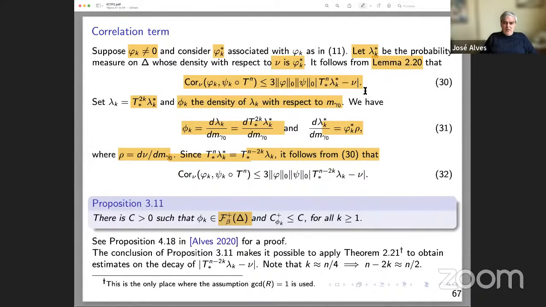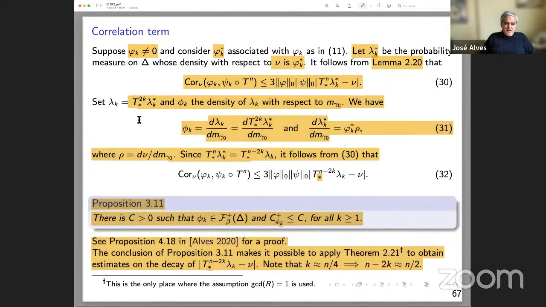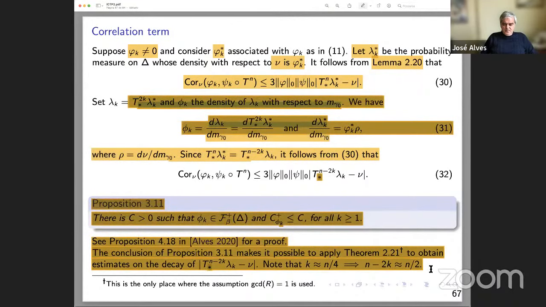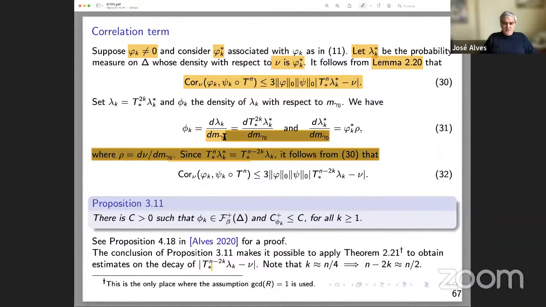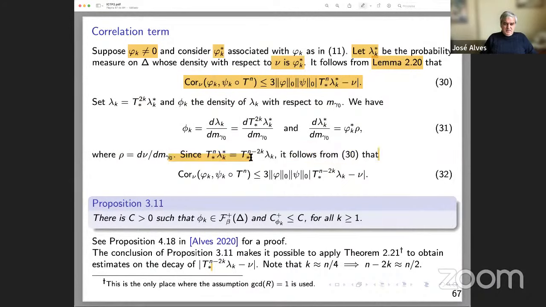So the important thing is that with this, we reduce the problem above on correlation to this problem here.